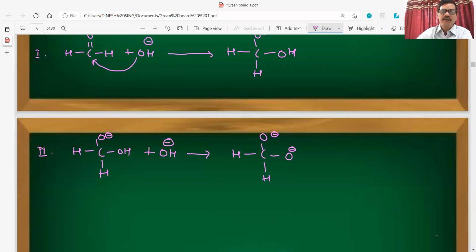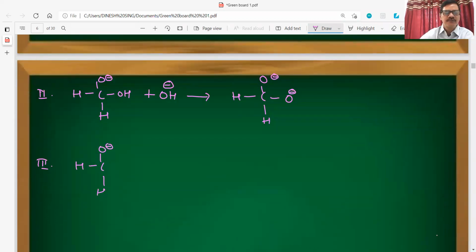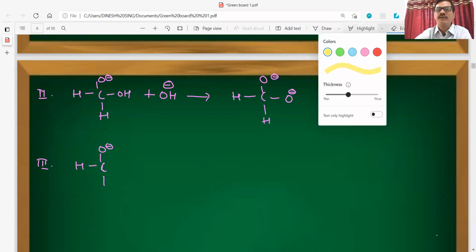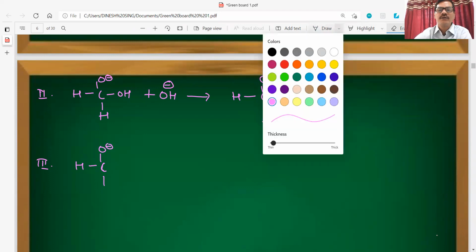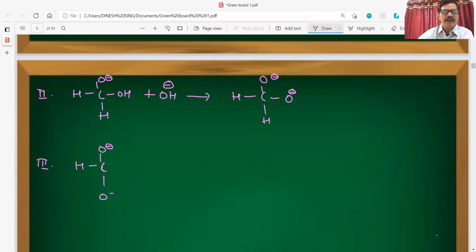Now this becomes a very strong hydride donor due to two O minus, both releasing electrons.